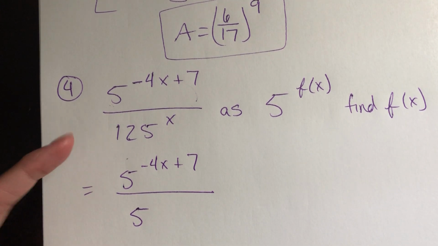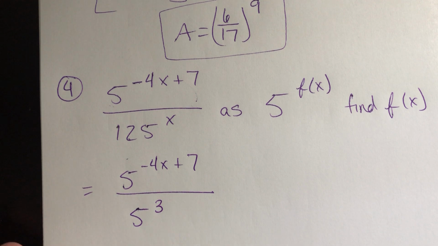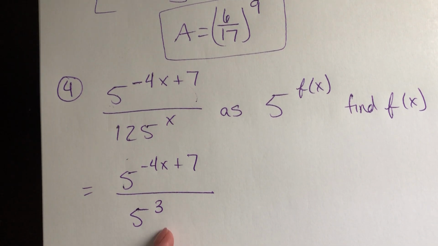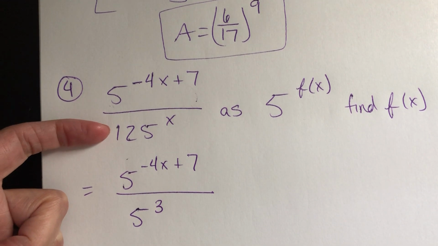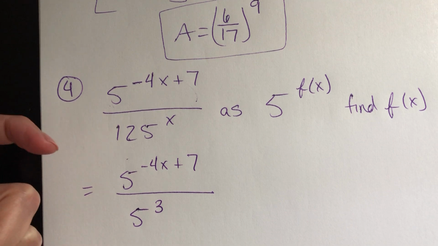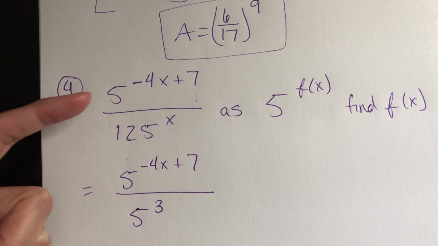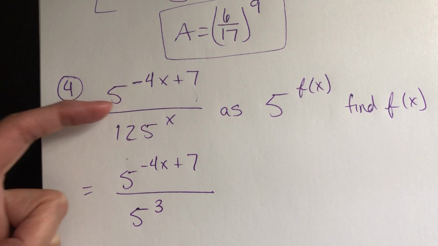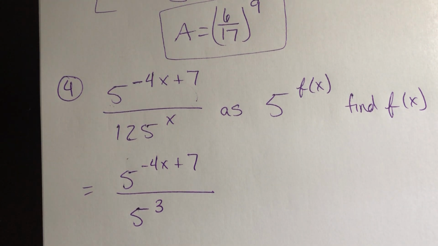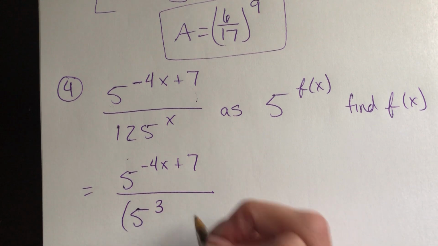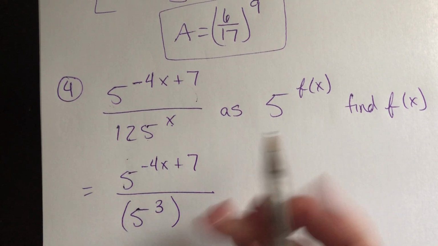So that would be 5 to the third. 5 times 5 times 5 is 125. And if you needed to use your calculator, you could easily do that. You know you're working in a base of 5, so you would just do 5 times 5 times 5 until you reach that number. But then that all has to be raised to the x power.